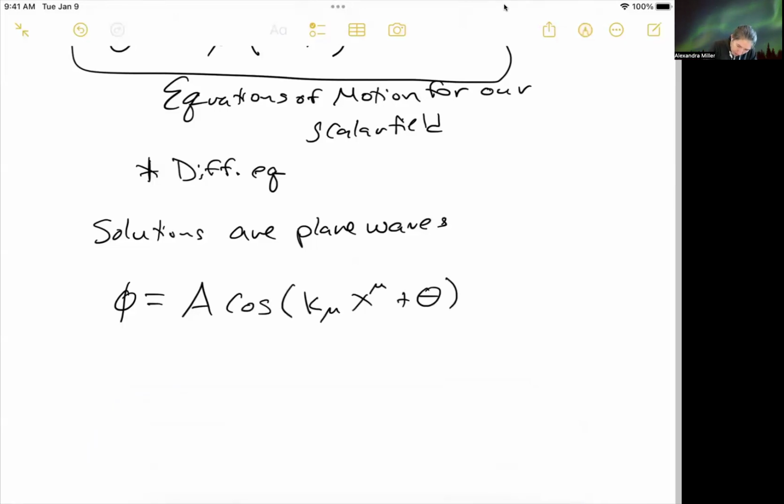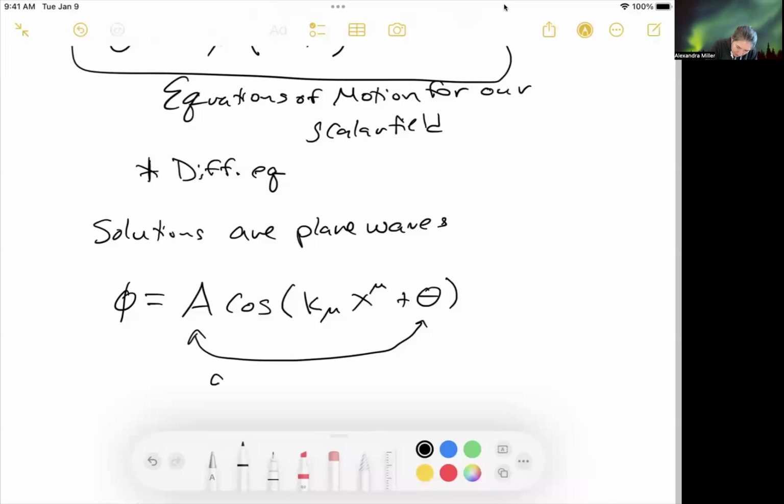The amplitude and the phase would depend on if we're thinking about a specific scalar field, a particular instance of a scalar field, and we want to see how it behaves. Just like whenever we do any physics, we need some initial conditions, and those are going to determine our amplitude and phase. So these are determined by initial conditions.